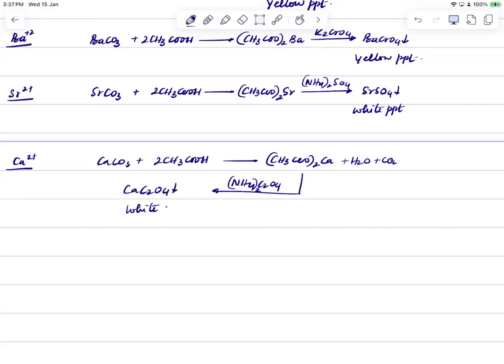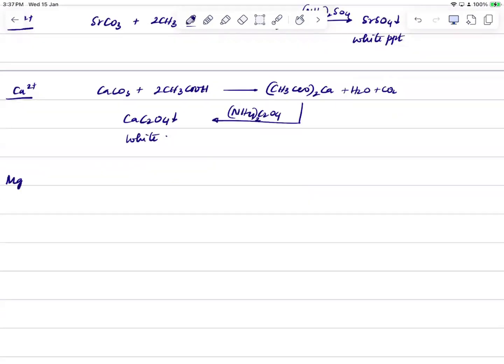Got it? And lastly, magnesium 2+. For Mg2+, you know, there is only one test: Mg2+ salts directly added with sodium hydrogen phosphate will give you MgNH4PO4.